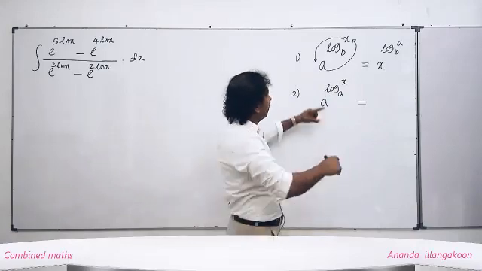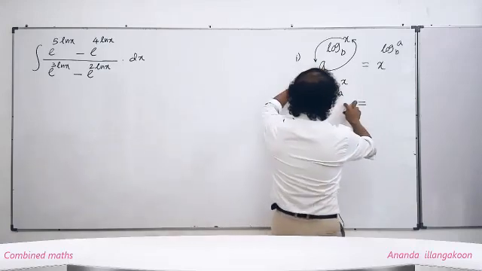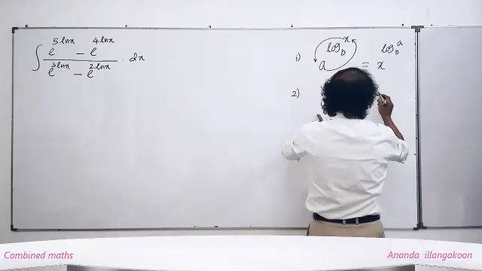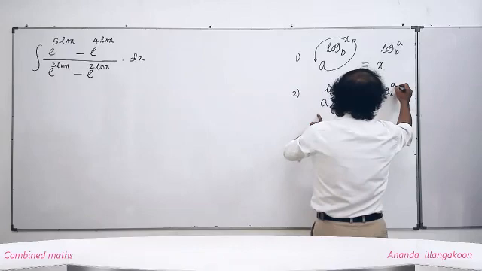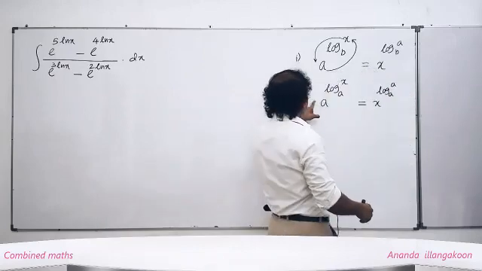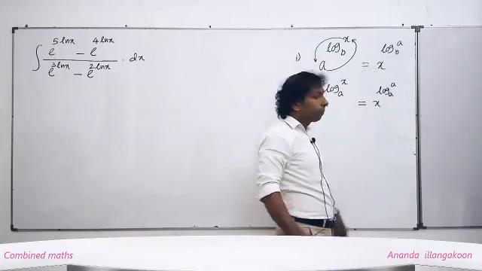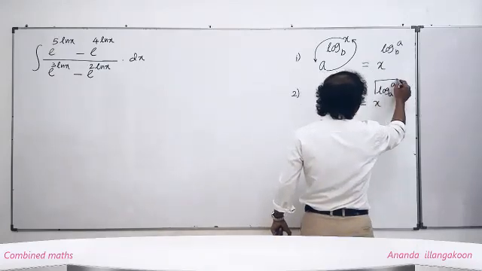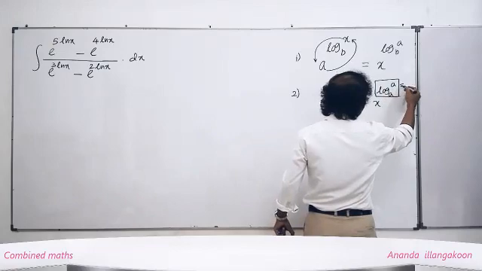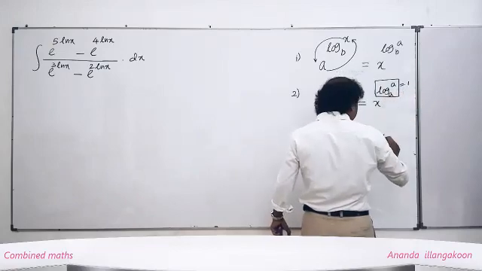People, by using this result, we can again exchange this x and a places: x to the power log base a. We brought this here, this here. But log a of a is 1, no, people? This is 1. Therefore, this is 6.